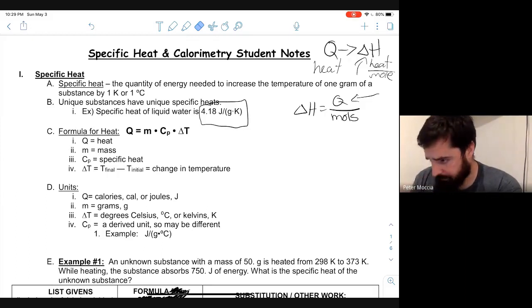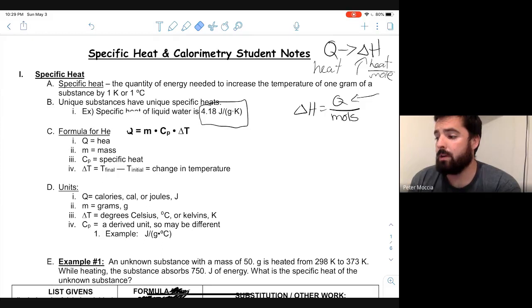So, the formula to find Q is Q equals mc delta T. Now, C is the specific heat, m is the mass, and delta T is the change of temperature.